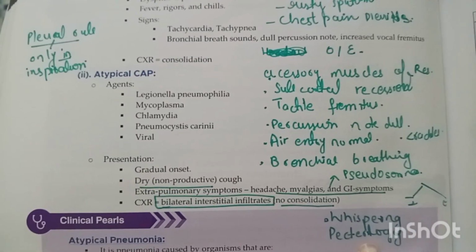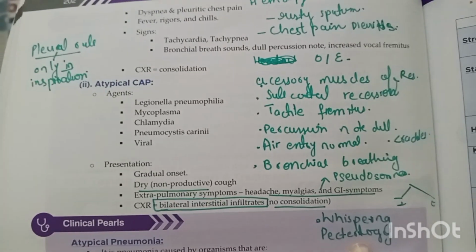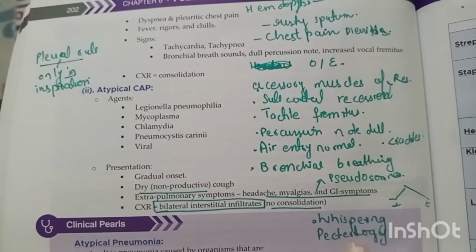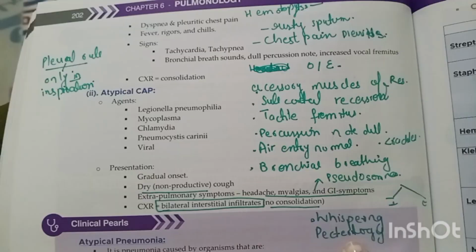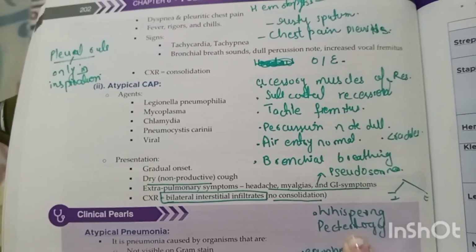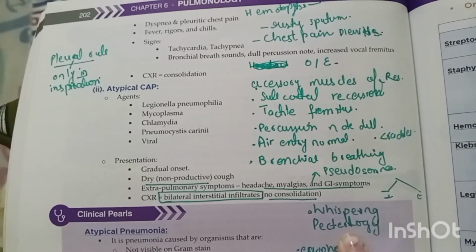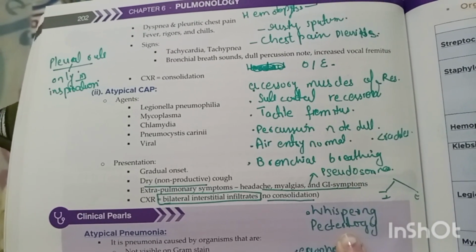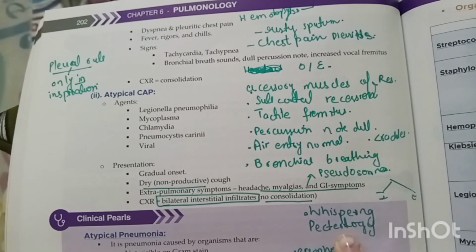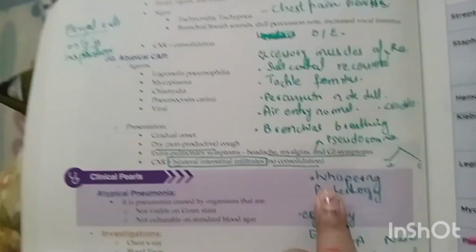What is whispering pectoriloquy? If I ask the patient to whisper some words or say some alphabets, and I put my stethoscope on the chest to hear, normally we cannot hear the sound, but I can clearly hear the sound due to the consolidation effect of pneumonia. This is whispering pectoriloquy.